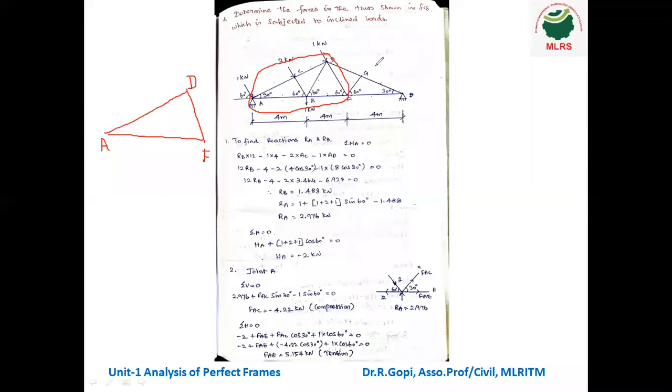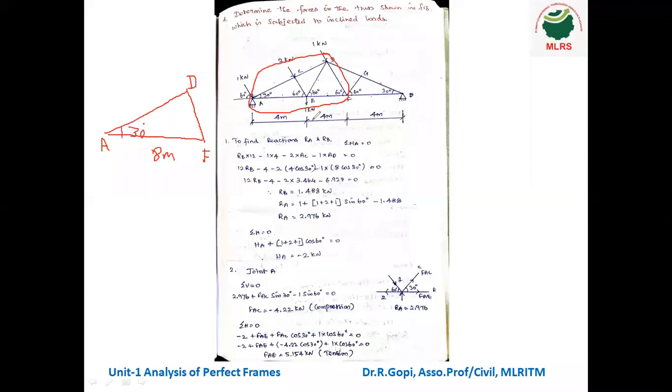From this triangle, the overall length from A to F is 8 meter, and this angle is 30 degree.